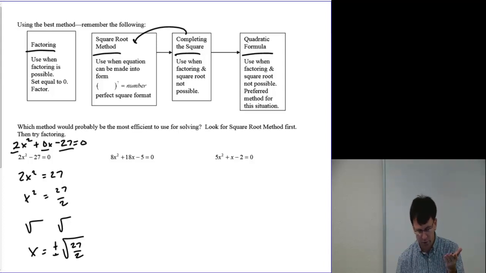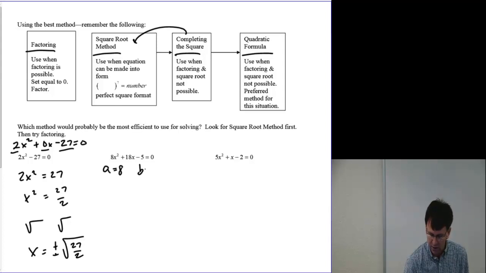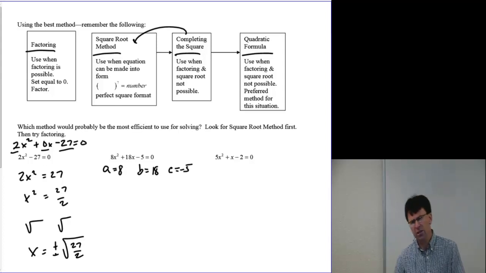It would certainly work. Now, on this one here, I have 8x squared plus 18x minus 5. Depending on your comfort level with factoring, maybe you see this and say, I think I can factor that. Some people aren't very strong at factoring, and that's okay. But also remember that if you say a equals 8, b equals 18, and c equals a negative 5, you're going to get a very large number when you do b squared.